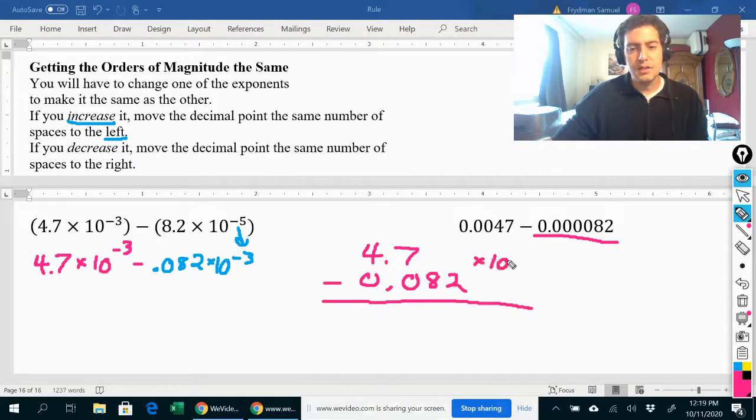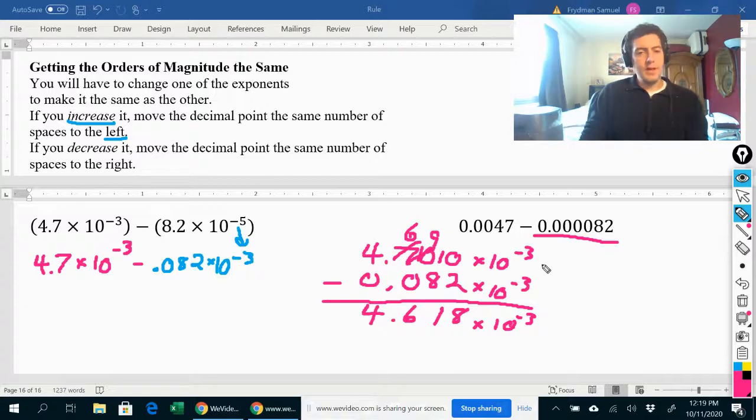Okay, times 10 to the -3rd for both of them. That just stays the same. Okay, I need to borrow from here. We have 8, 1, 6. Okay, same answer that we got the last time.